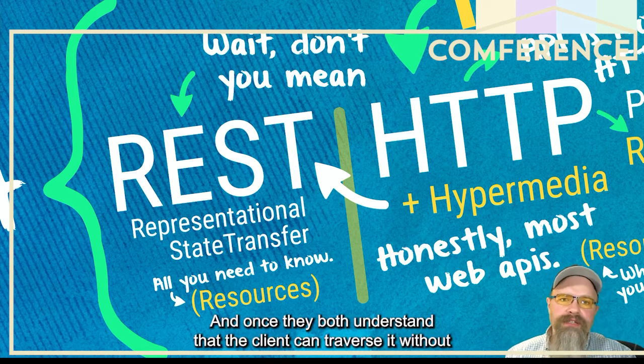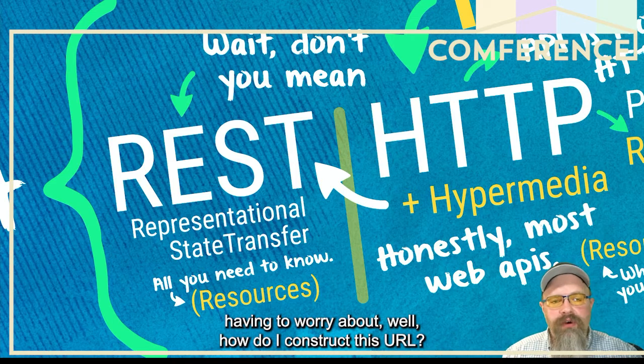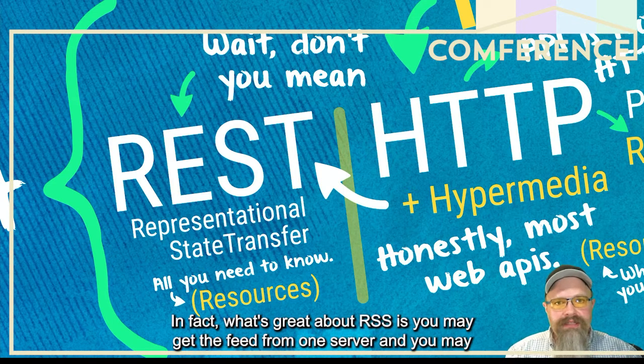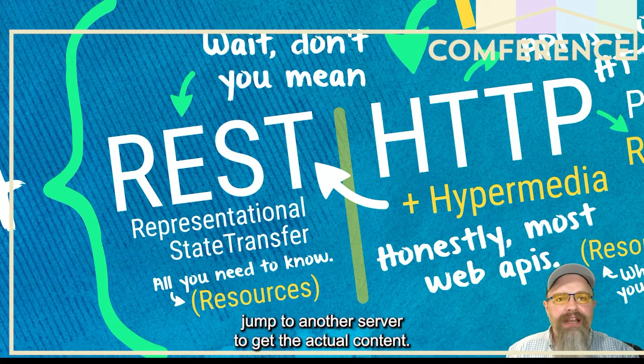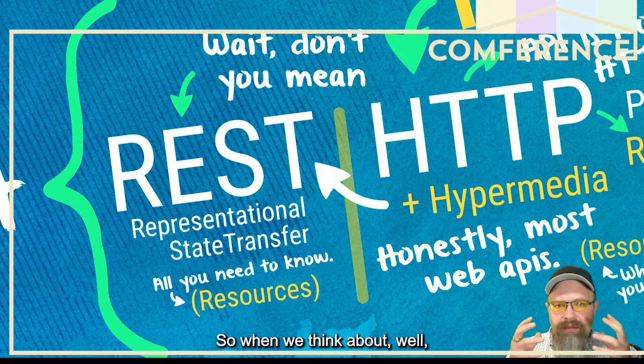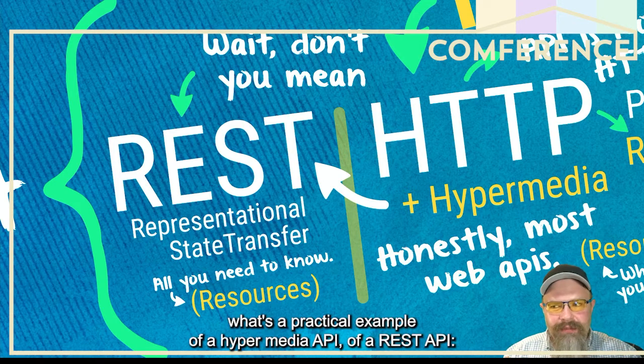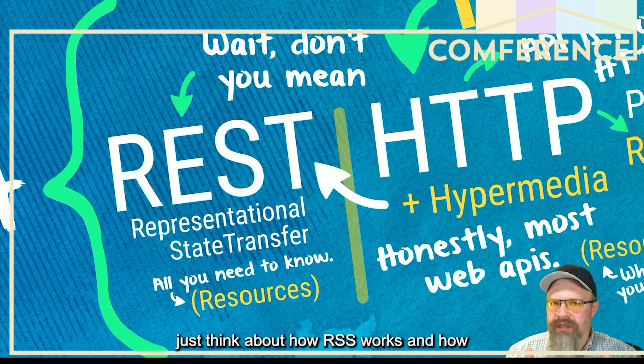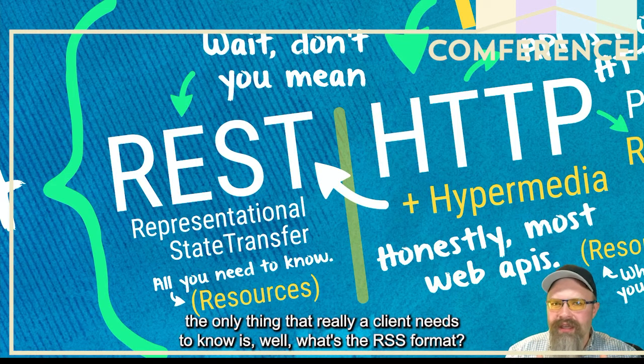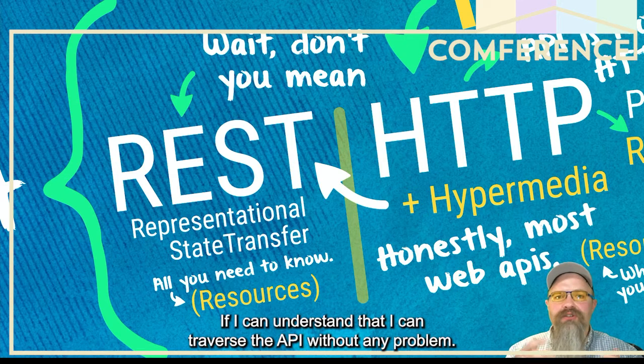And once they both understand that, the client can traverse it without having to worry about how to construct a URL. In fact, what's great about RSS is you may get the feed from one server and jump to another server to get the actual content. So when we think about a practical example of a hypermedia API, of a REST API, just think about how RSS works and how the only thing a client needs to know is the RSS format. If I can understand that, I can traverse the API without any problem.